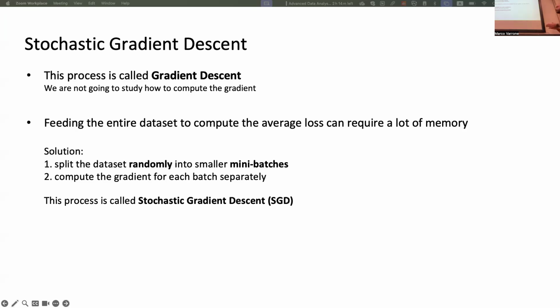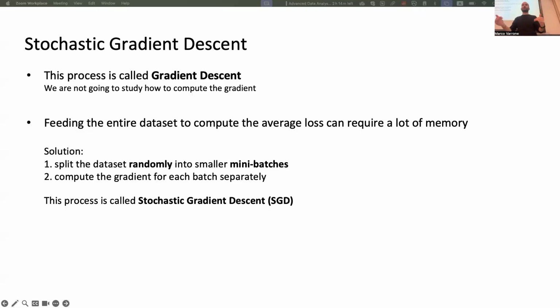So what is usually done is that instead of computing the loss over all the samples, so all the cells in your dataset, you divide your dataset in small batches of 100, 1,000 cells. You compute the gradient only for that subgroup, and then you change the weights based only on the loss of these hundreds or 1,000.